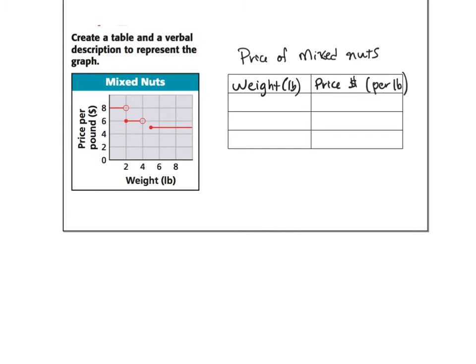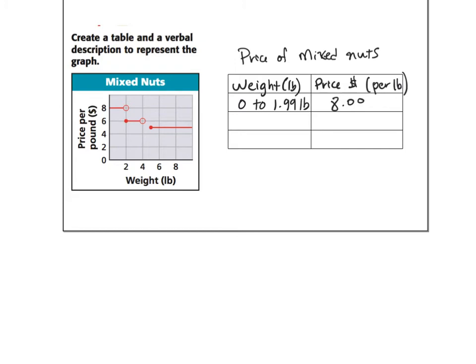Okay, so when I fill in 0, I'm going to say to 1.99 pounds. Okay, it's pretty close, but it's not quite at 2. And the price from 0 to 1.99 is going to be $8 per pound. So I just put $8 per pound. Okay, so now I've got that complete.